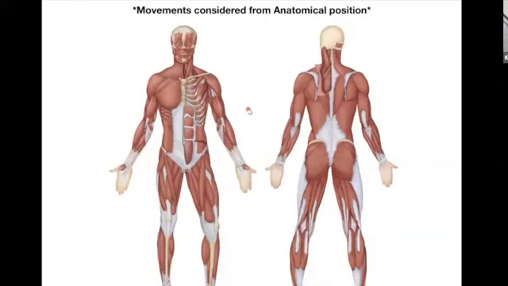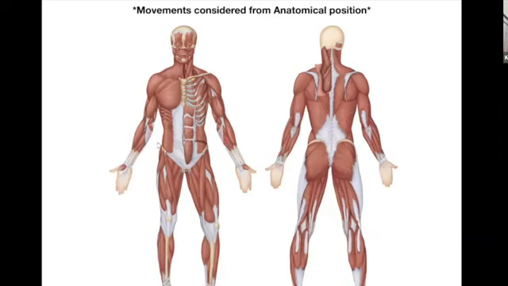When you're considering any sort of movement, you're going to start in anatomical position. And again, remember the key thing about that, you're just standing upright with your feet facing forward and your palms facing forward. That means your anterior forearm is facing anterior.